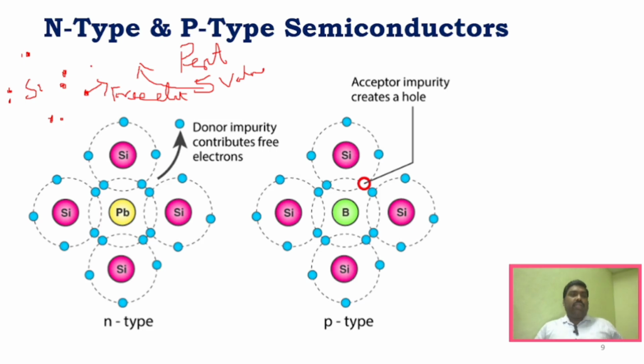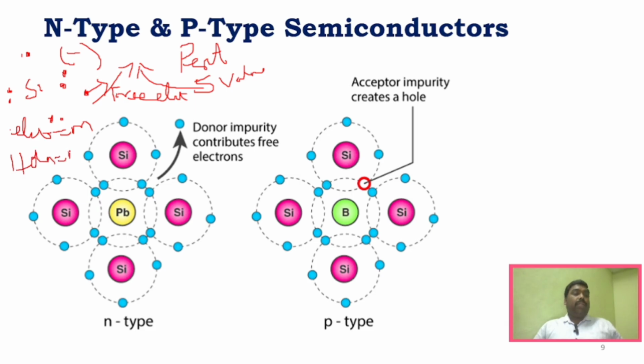And we know that electrons are negatively charged. If you keep adding pentavalent impurities to all the silicon atoms, the number of free electrons will increase, and that is why in N-type material, electrons are majority carriers, whereas holes are minority carriers.